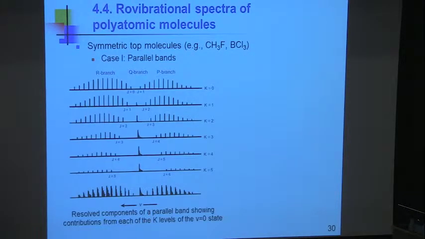Okay, so now, because there's so many possible combinations, we have to plot it in a simple way. So remember, for a given K, J can be K and bigger. So if K is 0, J can range from 0 up. But there's 2 branches. So when you have K of 0, there'd be 2 branches, and you can have any value of J. When K is 1, you'll still have 2 branches, but you can only have J of 1 and higher, and so on.